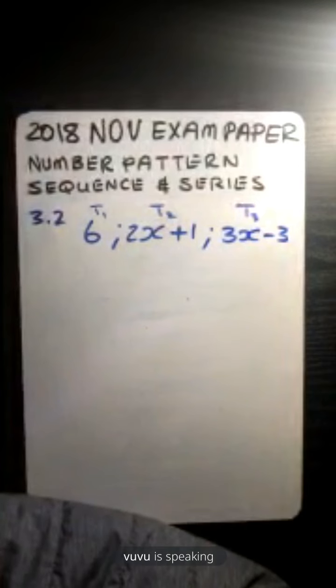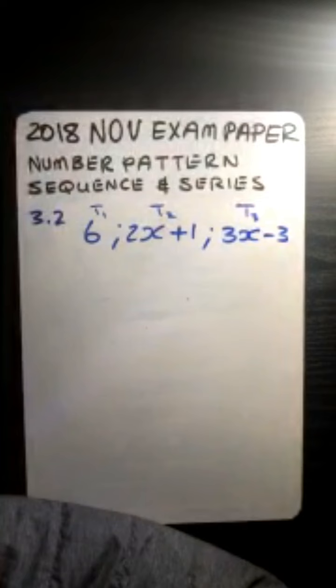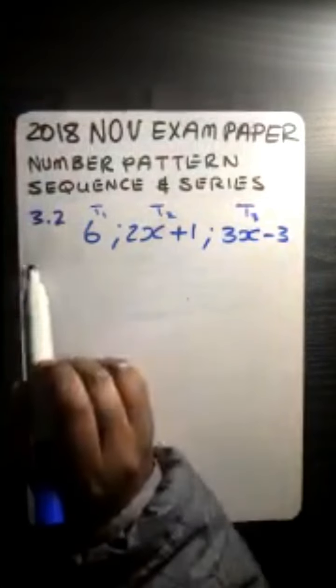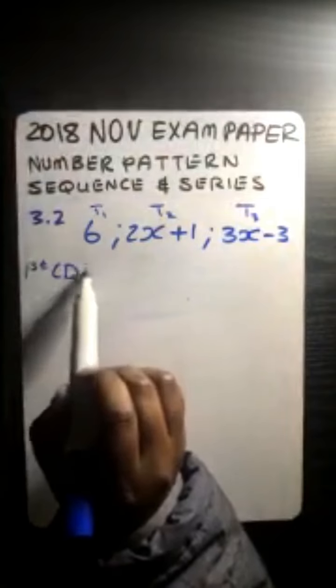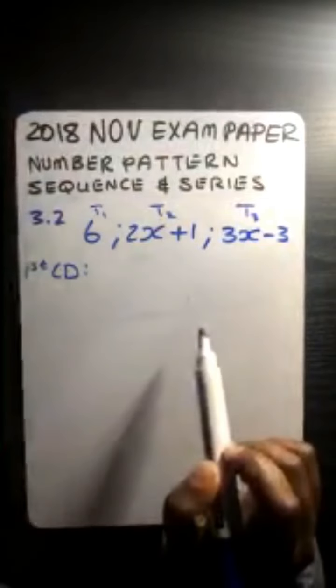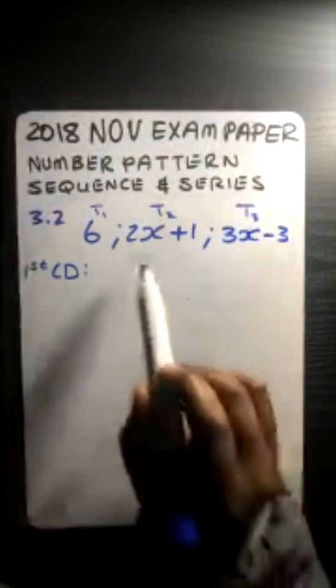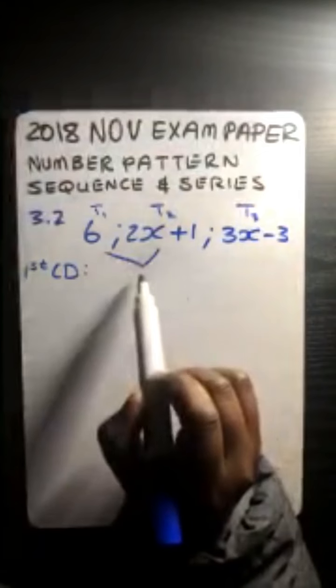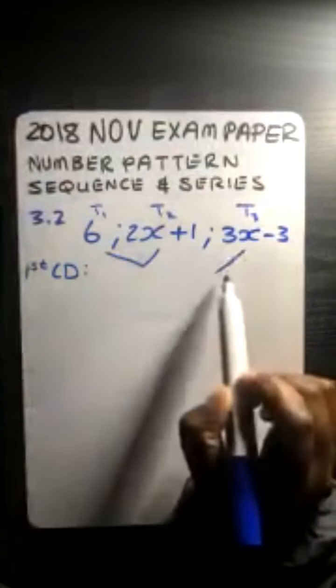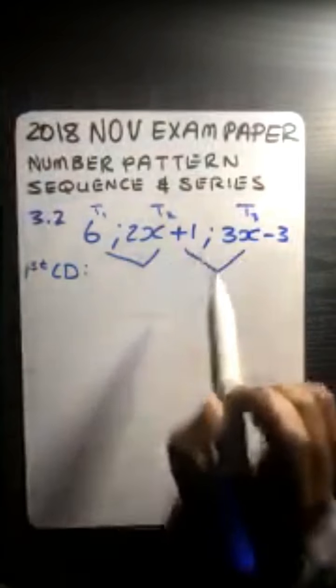The differences are equal. So the first difference is common. That is why we refer to this as the first common difference. So when we say this minus that, it is equal to this minus that.